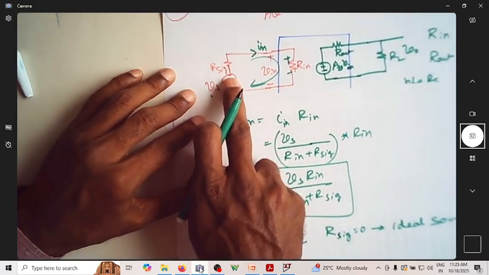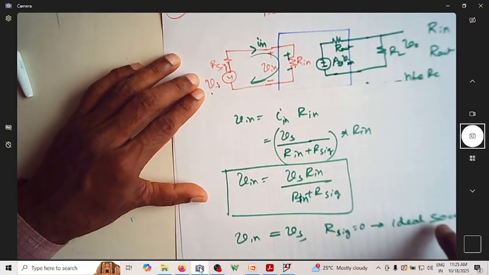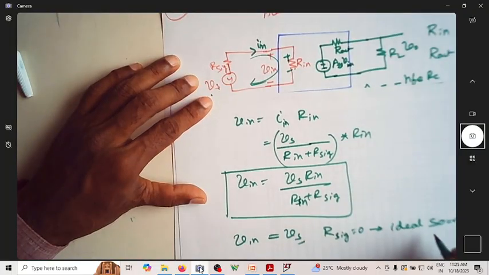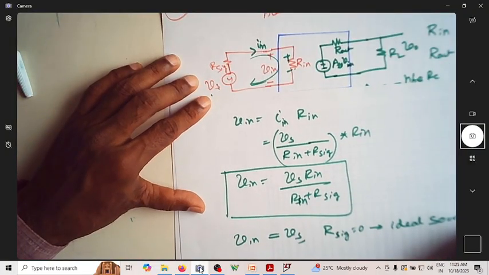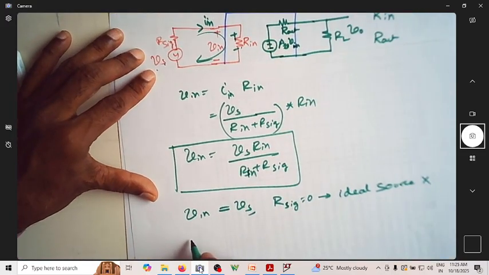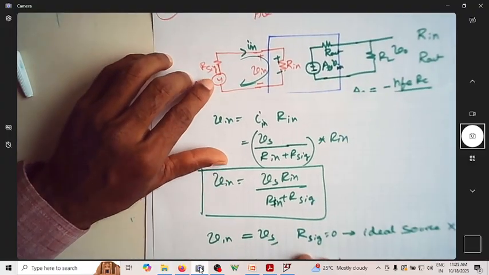Source will always have an associated resistance. If it is an ideal source, then R signal becomes 0, and then the entire voltage will reach. This is an ideal case which will not exist in real time. So then when will this Vin be equal to Vs? There is one more possibility.